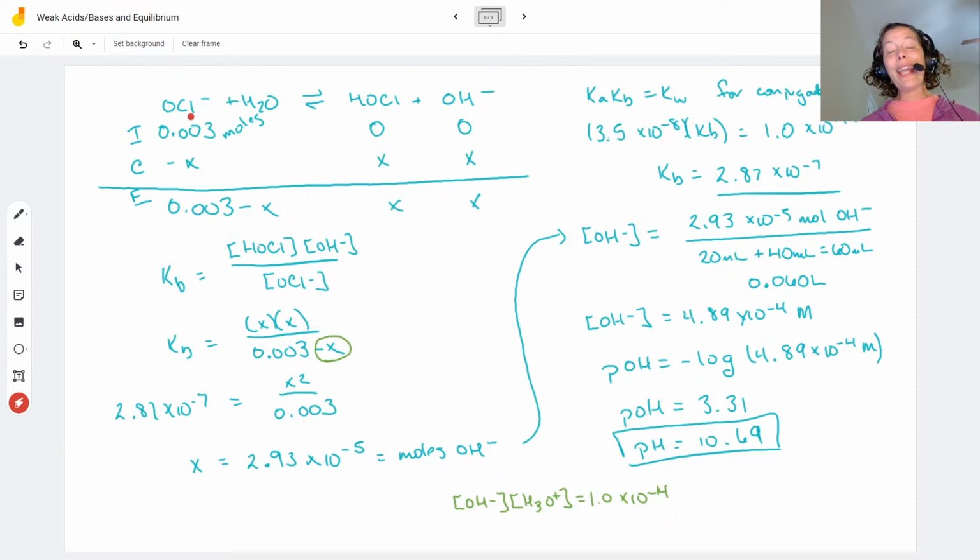But in some cases, you do have to worry about the autoionization of water. And again, with a strong acid and strong base, autoionization of water is your only acid-base equilibrium going on, so that completely dominates. So I would say it's a case-by-case basis, honestly, depending on what your conjugate base is and how strong your conjugate base is.